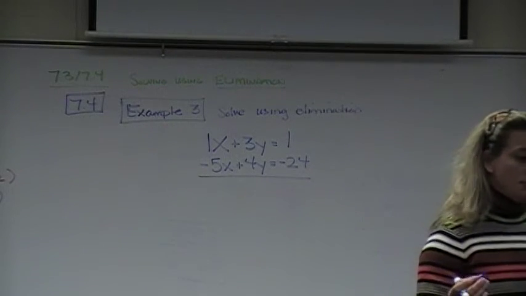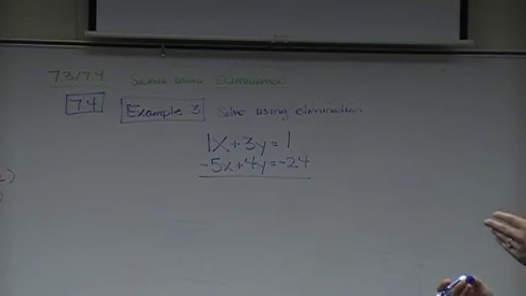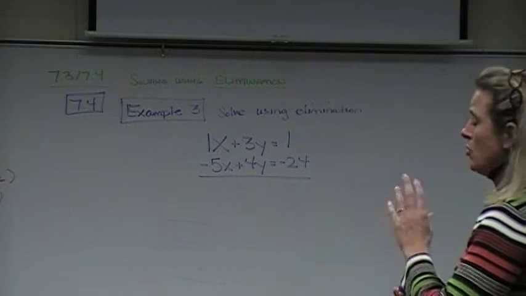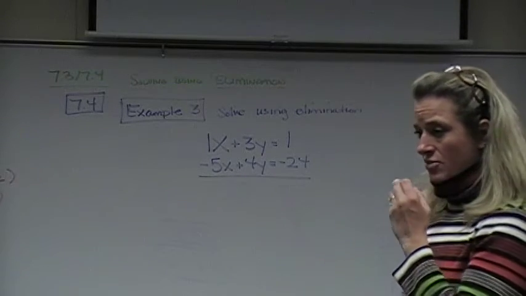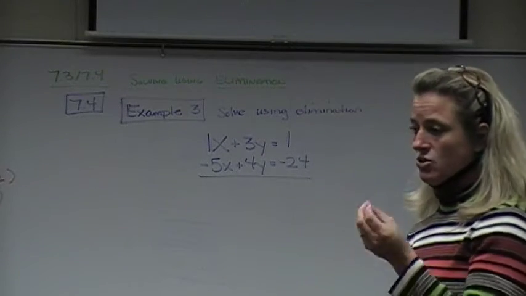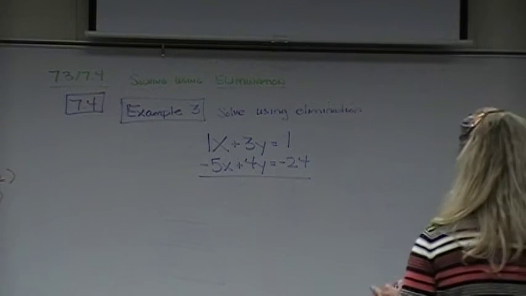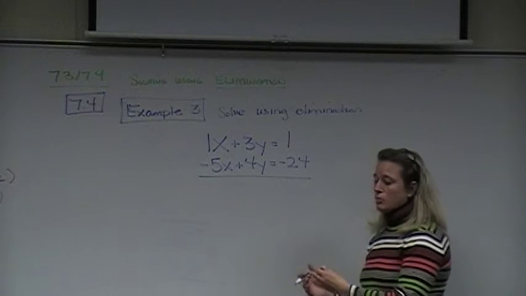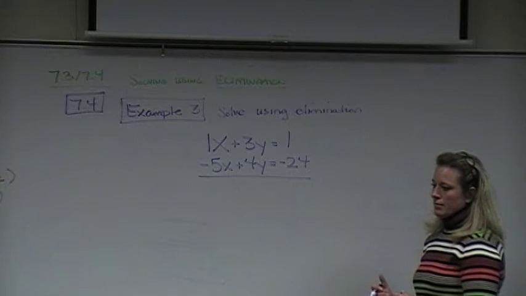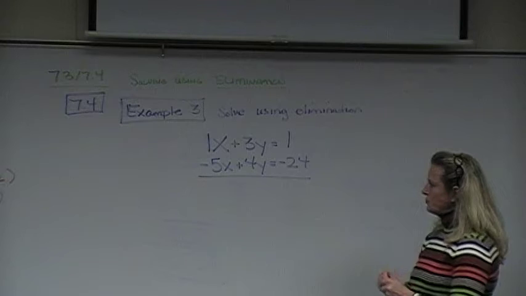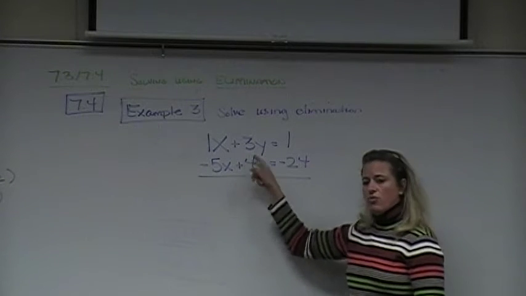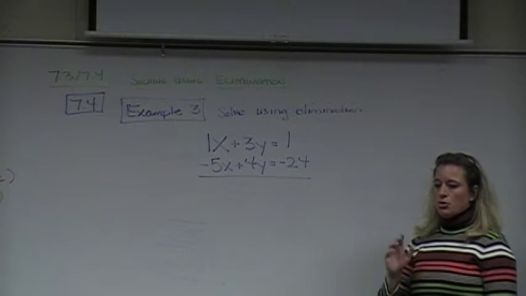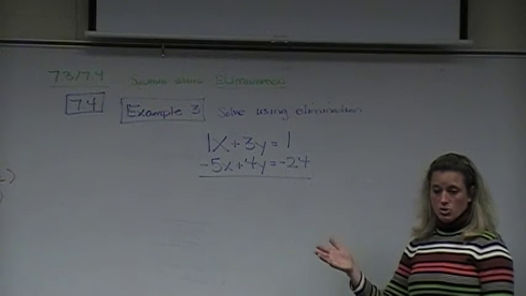Does that make sense? So now we move on to the last guideline I gave you in the notes: once you understand that you can't add or subtract, you're going to have to multiply to eliminate a variable. Now we think about what makes more sense, to multiply to eliminate x or to eliminate y. Look at my y's. What's the smallest number that 3 and 4 both go into? 12, right? 3 times 4 is 12, and 4 times 3 is 12.